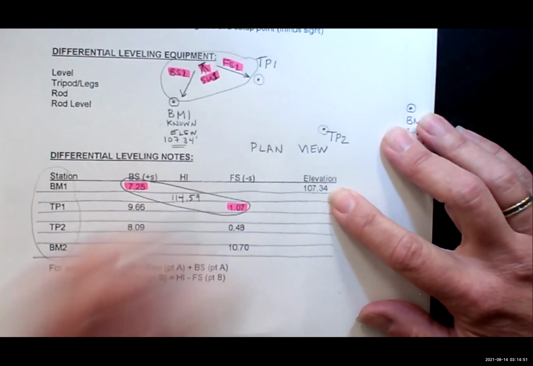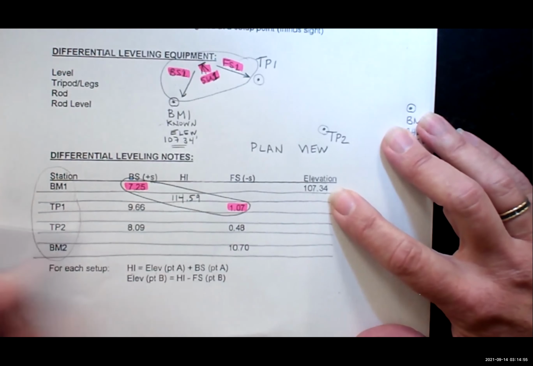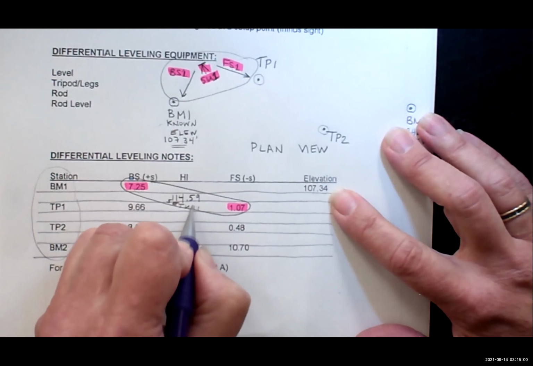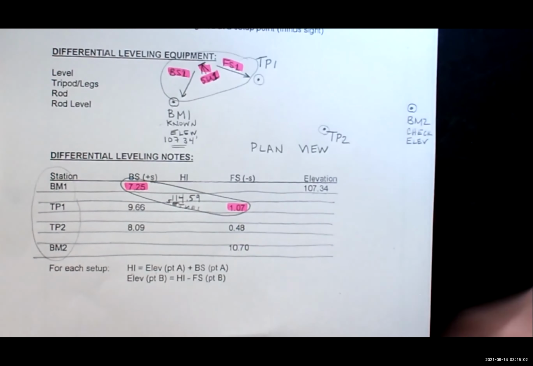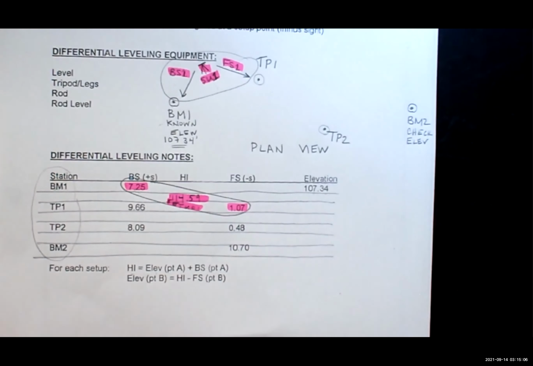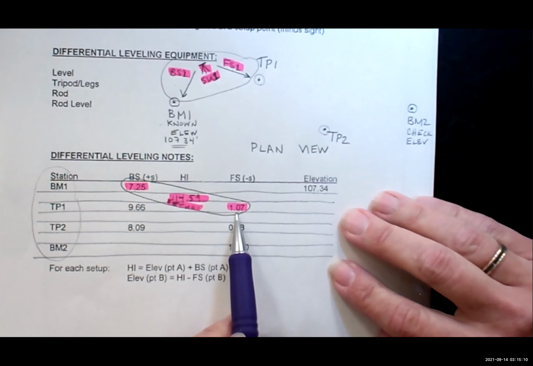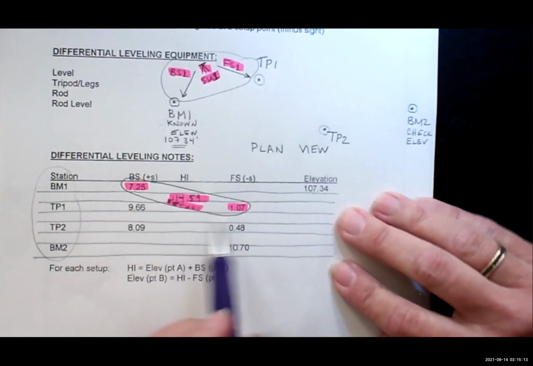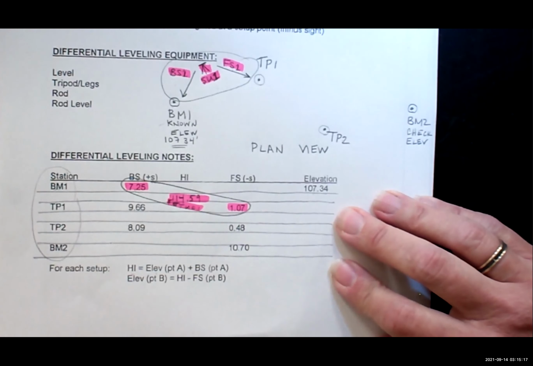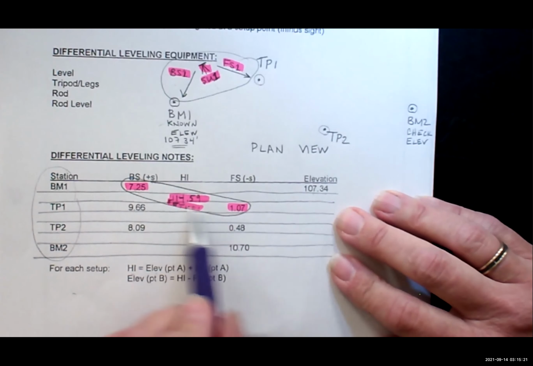So all this represents setup 1, right? All this was setup 1. And then I took a foresight at turning point 1. And Jose, now that I have the height of instrument and I have the foresight, what can I find?